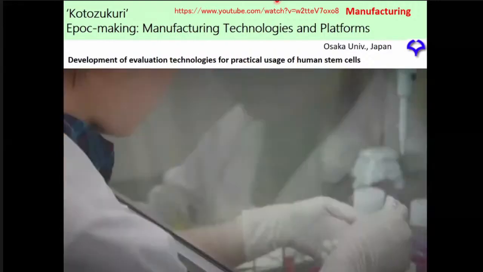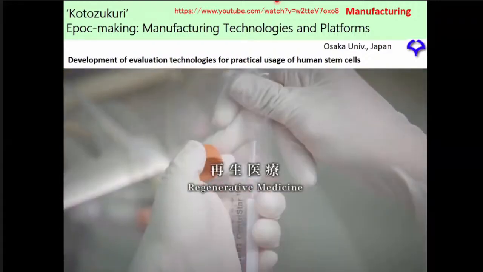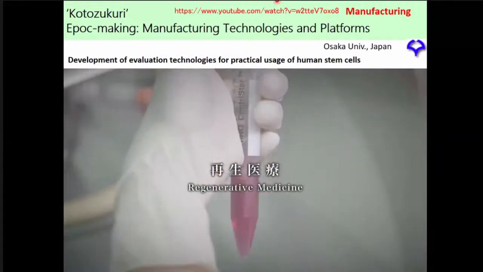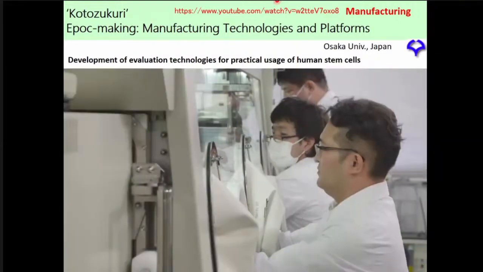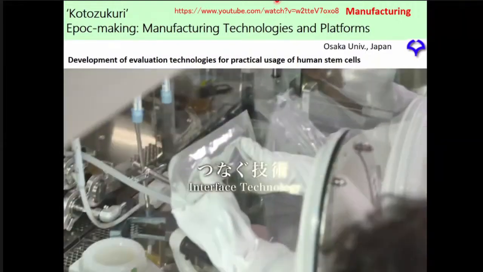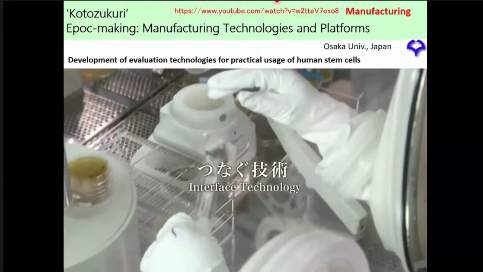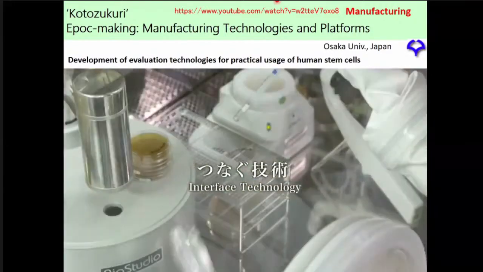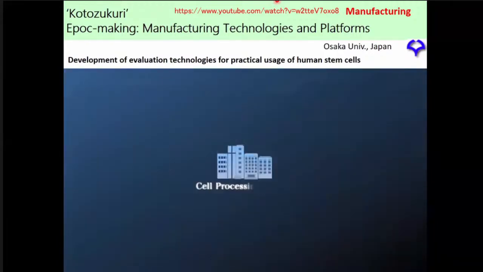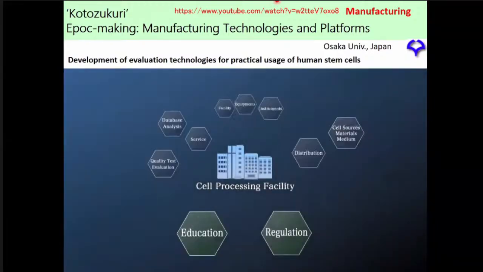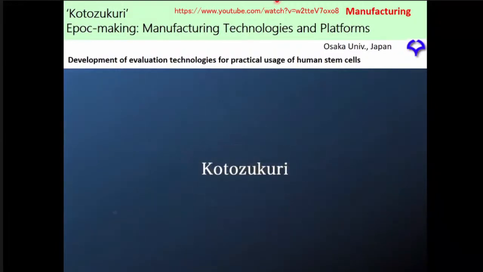There are many problems with manufacturing living cell and tissue products. In order to solve these problems, various technologies must be connected and applied. By connecting people, rules, and the things they create, we will be able to widen the possibilities of cell manufacturability.